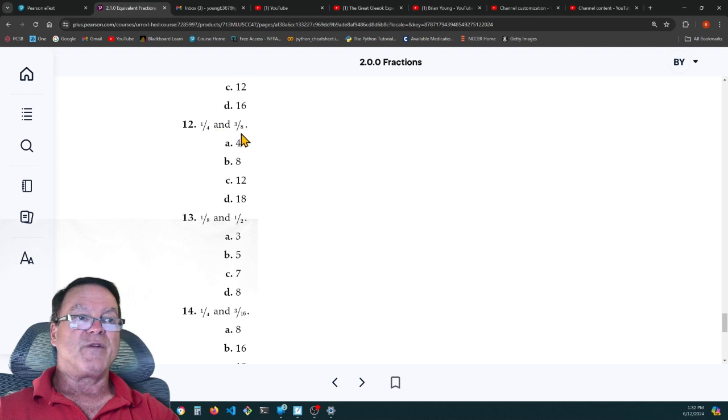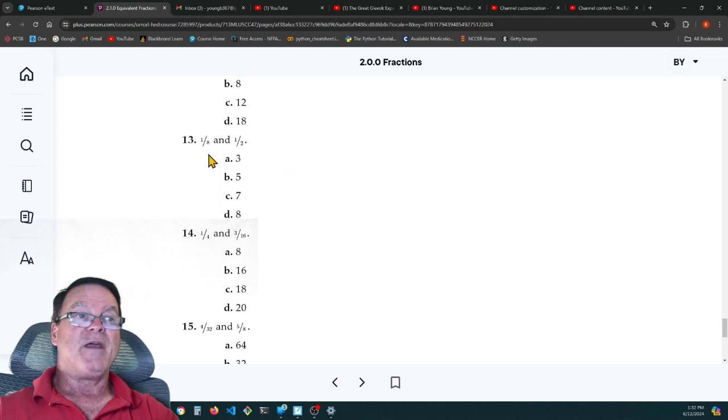Here's 1/4 and 3/8. Well, 8 is a multiple of 4, so we could just double 1/4 to be 2/8 and 3/8. So 8 is the lowest common denominator for those two fractions. Number 13 is 1/8 and 1/2. And again, 2 goes into 8, so 8 will be the lowest common denominator.